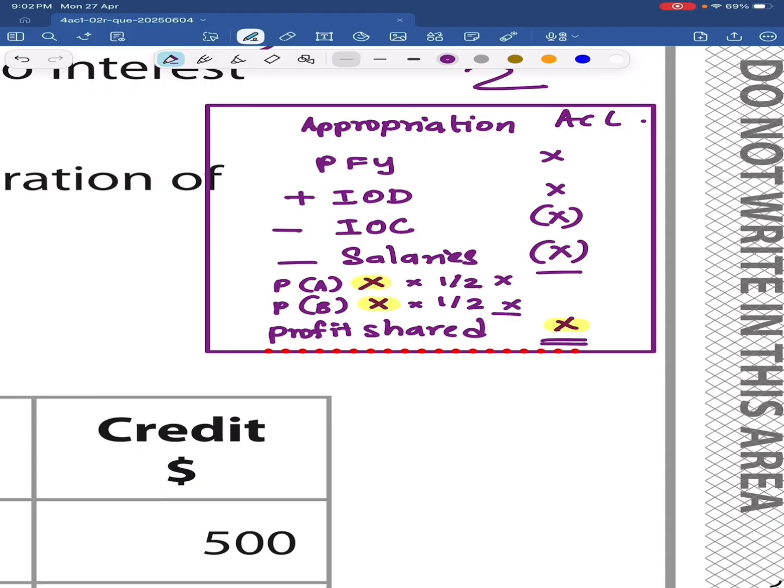Here I have taken the example of partners A and B. Suppose there was a loan given by a partner, and the partnership is liable to pay interest on it, so that interest needs to be calculated and deducted as interest on loan for the partner. In this case, the question states there's no interest charged on loan. In that case, you can simply ignore this section.